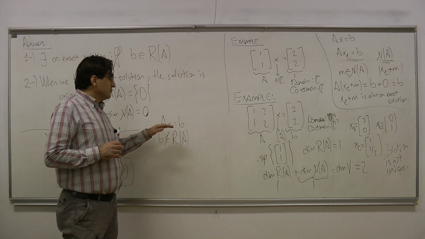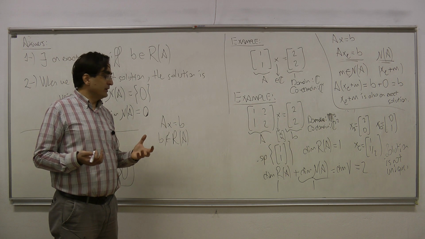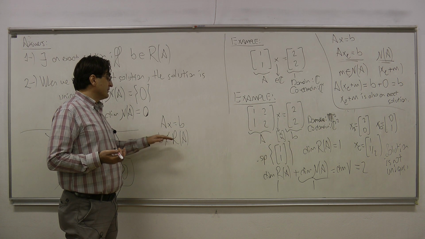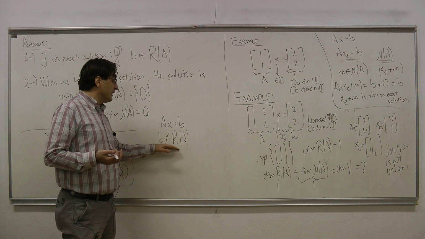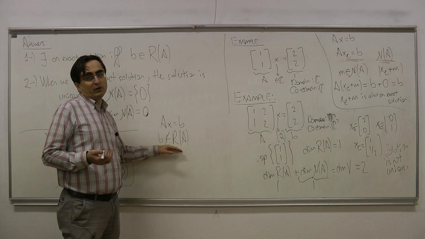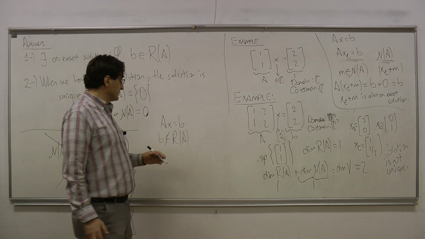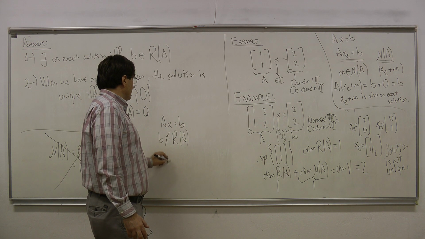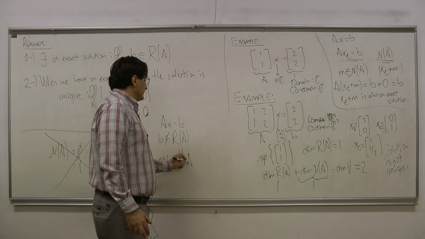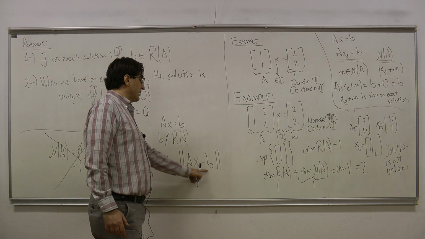In that case, we would look for some approximate solution. Okay? In this case, we know that there doesn't exist any exact solution, so we always look for an approximate solution. And how do we find that approximate solution? We do this by minimizing an error. And this error, we define it as this norm, ||Ax - b||.